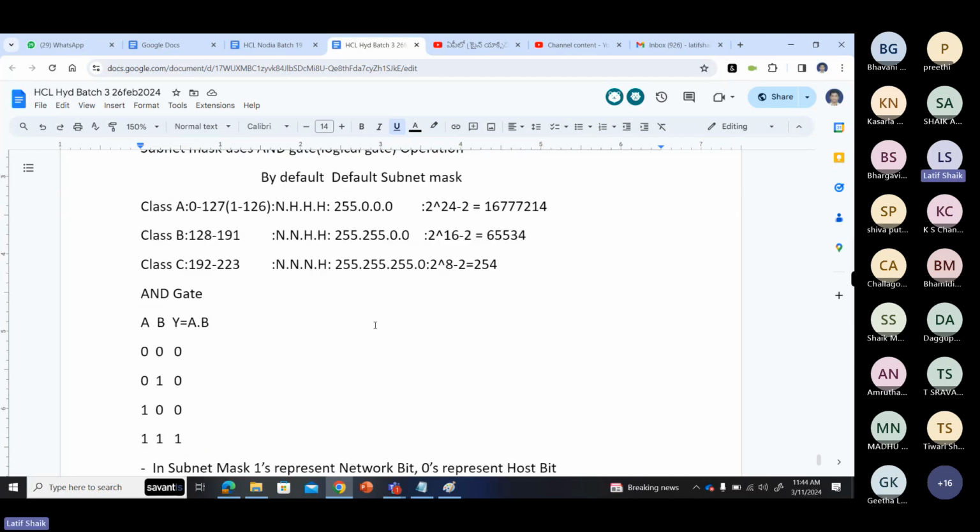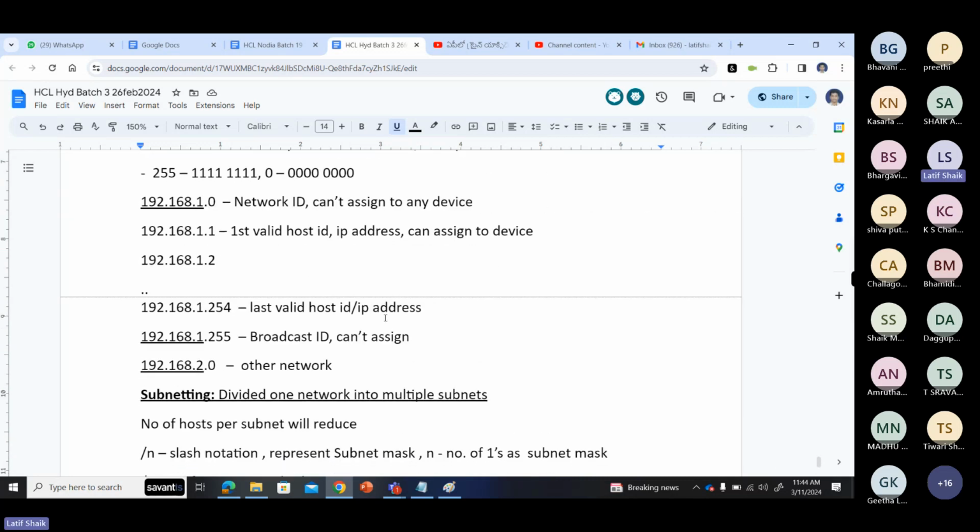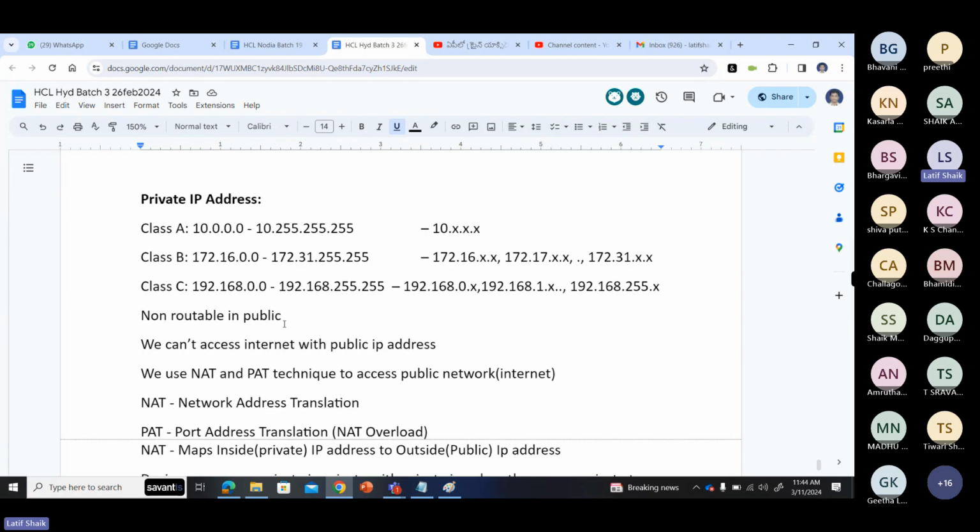Next, in IPv4 there are two types of IP addresses given: private IP and public IP addresses. So what are private IP addresses? Private IP addresses are used within the local network only, not for communicating with the public network.